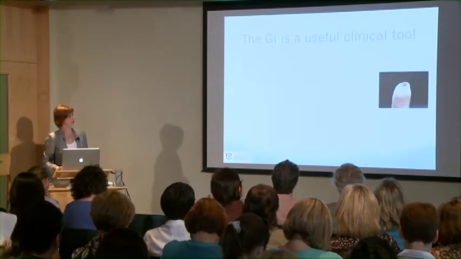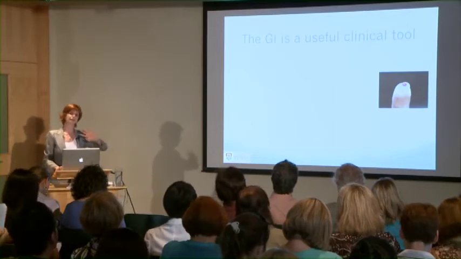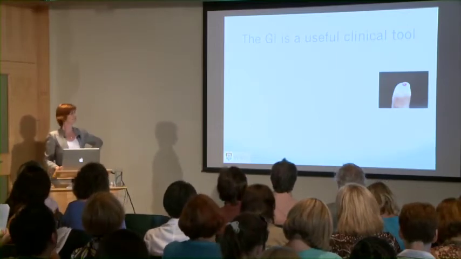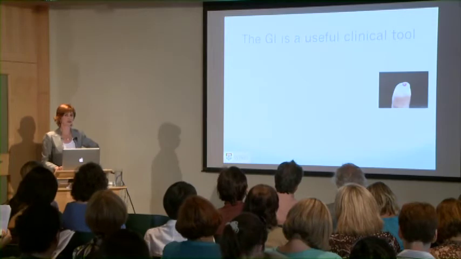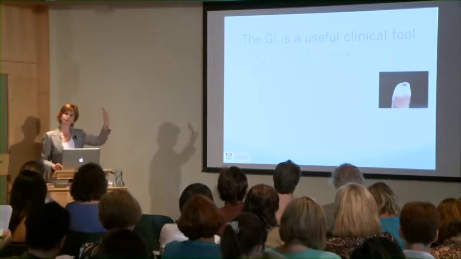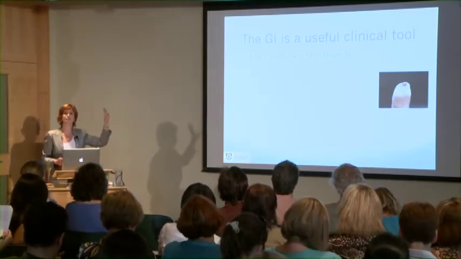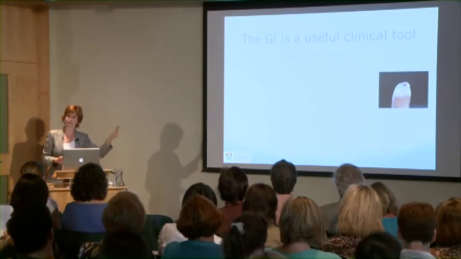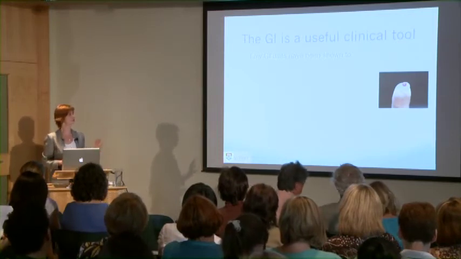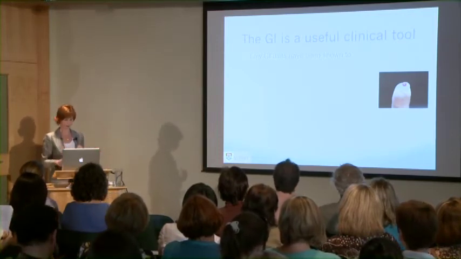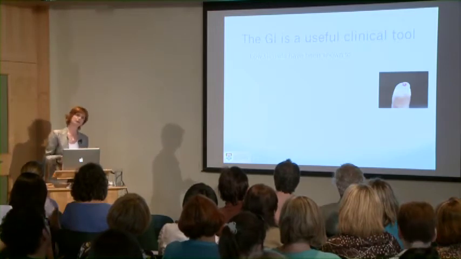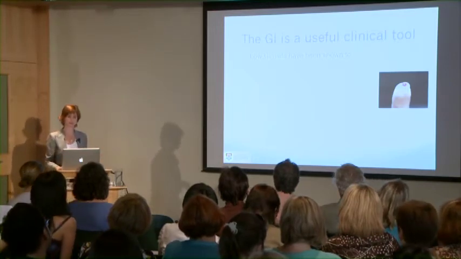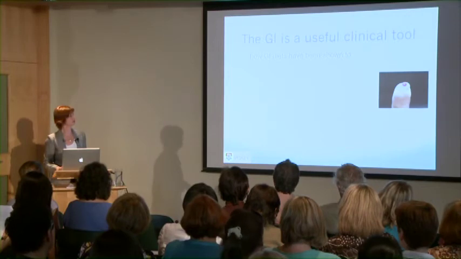All right, so the next part of my presentation is all about the glycemic index and its use as a clinical tool. So what I've been doing there is just proving that it does do what we think it does, that it does predict the glucose response to single foods, and in other studies we've shown it predicts the glucose response to mixed meals.